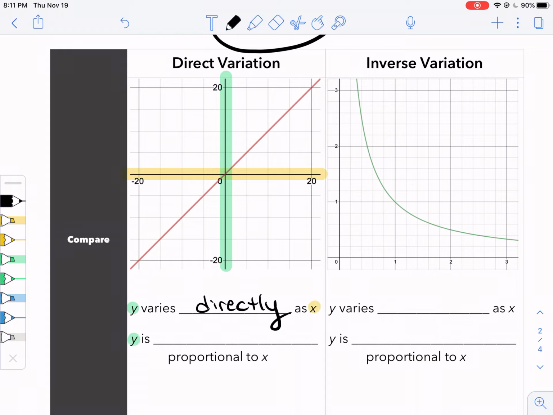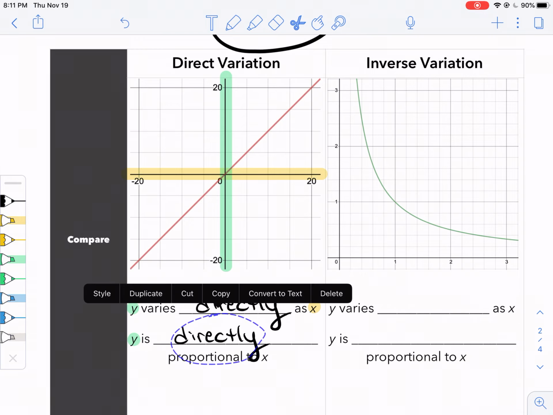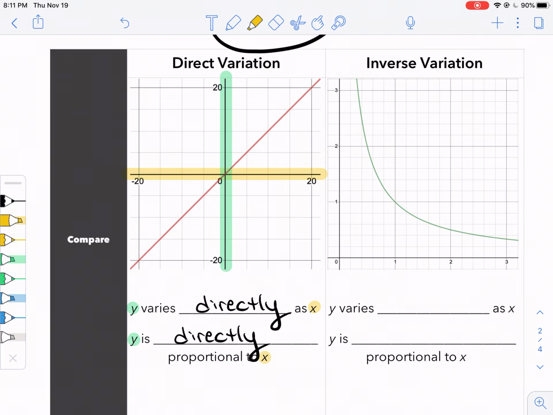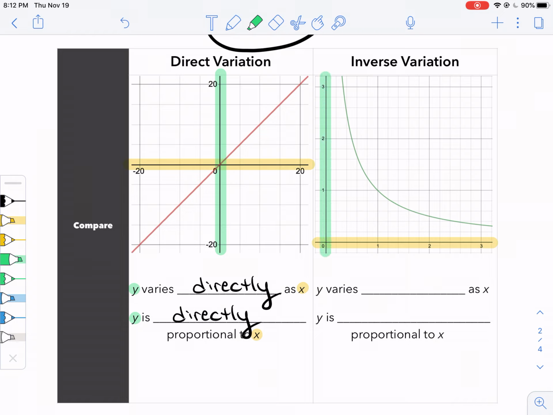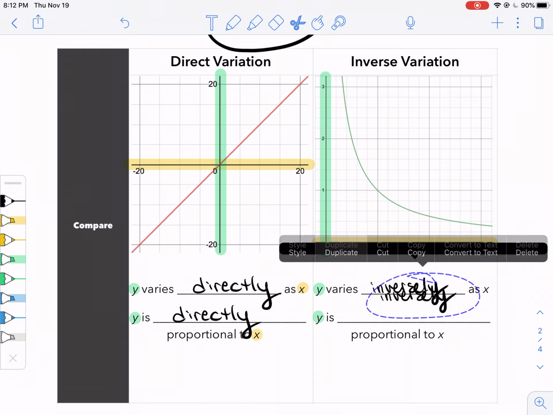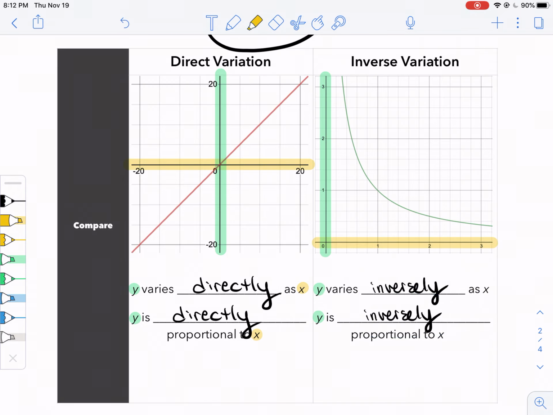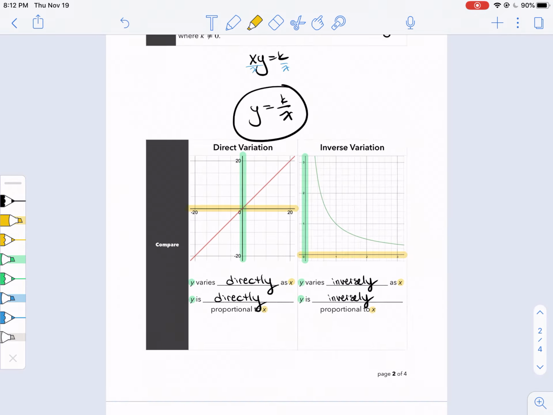So we say that y is directly proportional to x as well. However, when you have an inverse variation, as x increases, y decreases. So y varies inversely as x, and we say that y is inversely proportional to x.